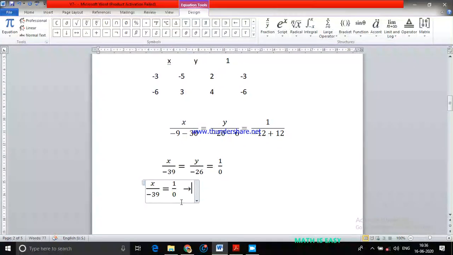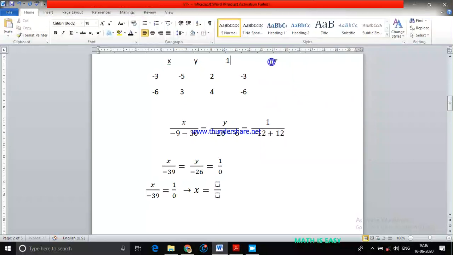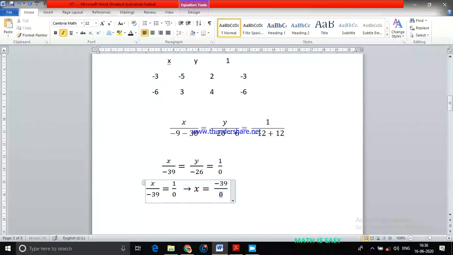So which implies I will get x equals to minus 39 upon 0, because this minus 39 in the denominator will go to the numerator if I interchange the equality sign, left hand side to right hand side. So do you think minus 39 upon 0 is a valid number? No, it is an invalid number, it does not exist.